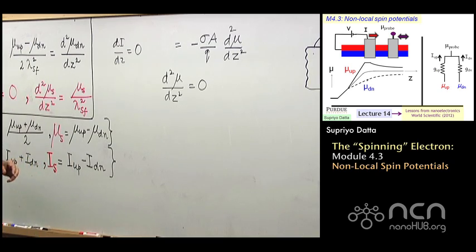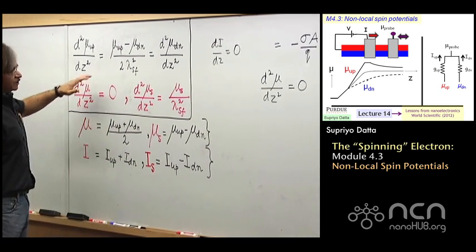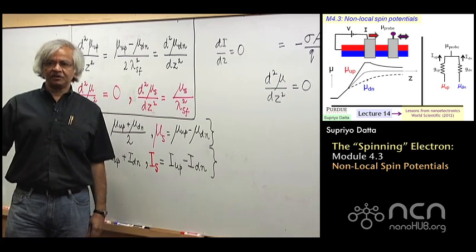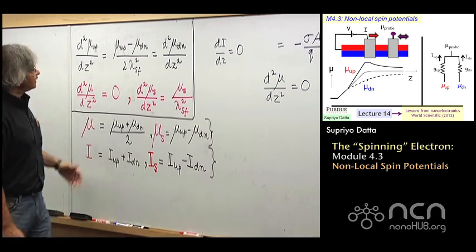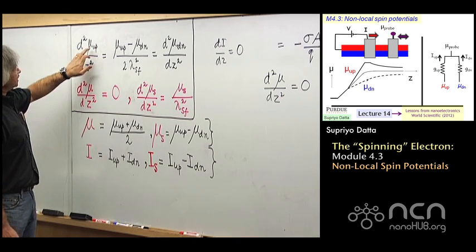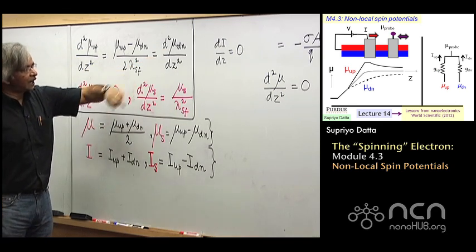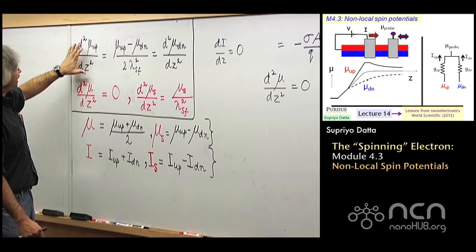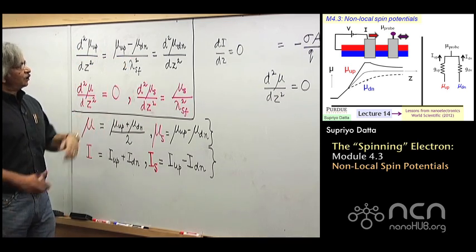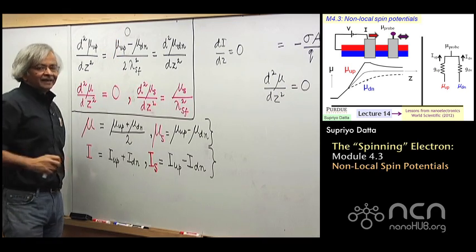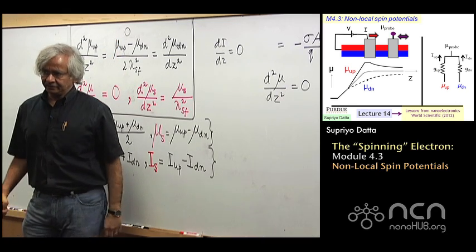In a way, what we did in the last module is we said we have these two types of spins. This red and blue are up and down. And it's as if there is a separate potential for the ups and one for the downs, and each one would be equal to 0 if they were completely independent.